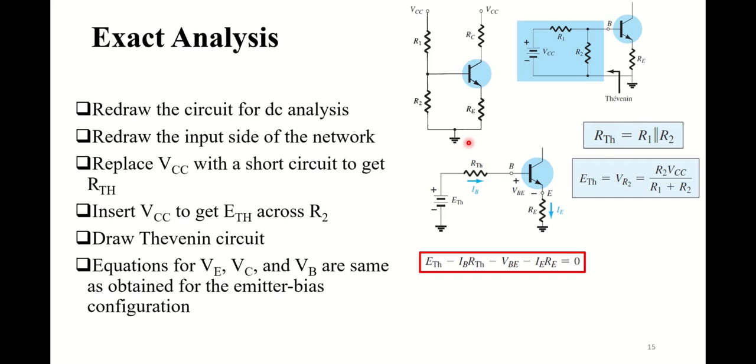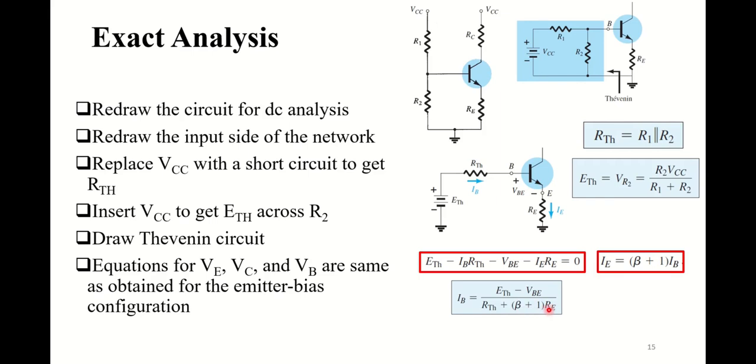You will get this equation for the input loop by listing all the voltage drops with their sign conventions. As we know that IE is equal to beta plus 1 IB, by replacing this in the input loop equation and making IB the subject of this equation, we get IB is equal to E Thevenin minus VBE over R Thevenin plus beta plus 1 RE.